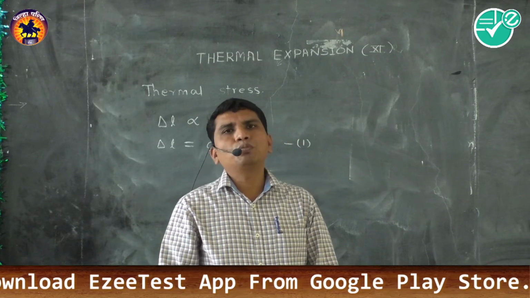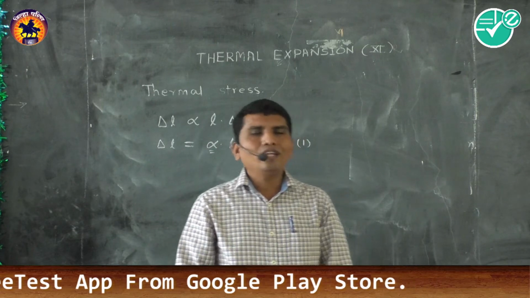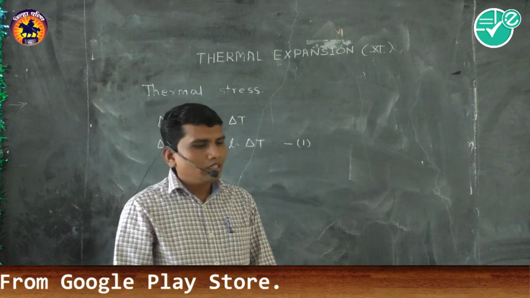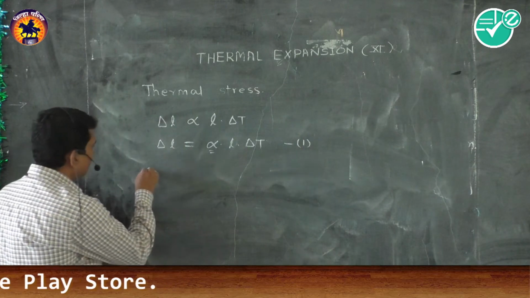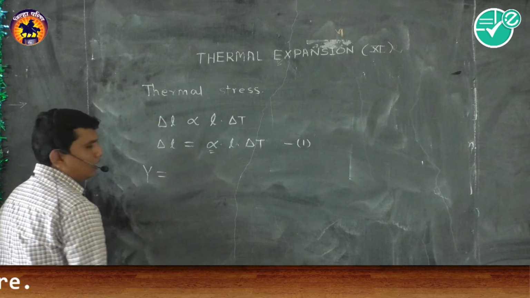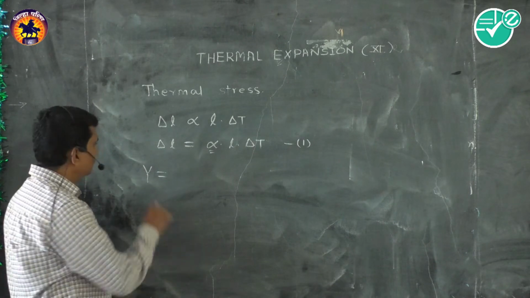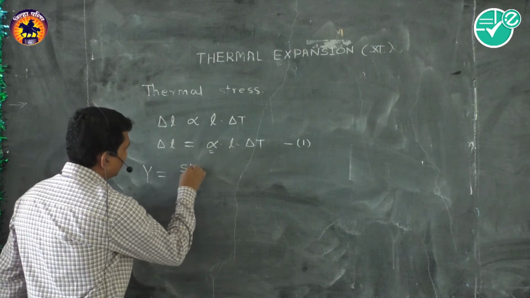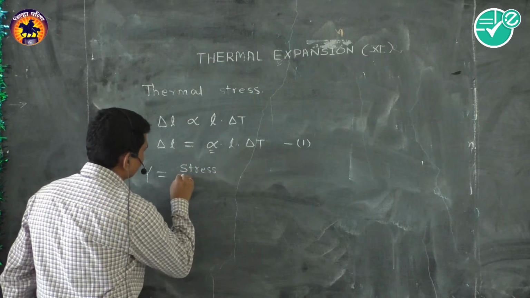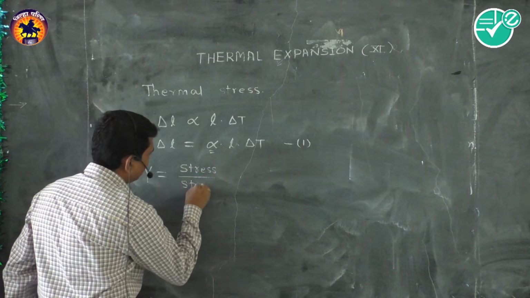Now the Young's modulus of the material of the rod, represented by Y, is the ratio of stress to strain. So Y equals stress upon strain.